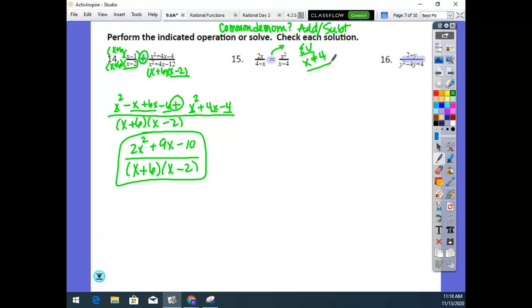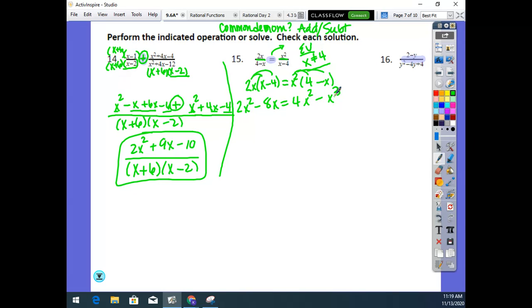All right, since we have one fraction on each side, we can just cross multiply. Distribute the right.